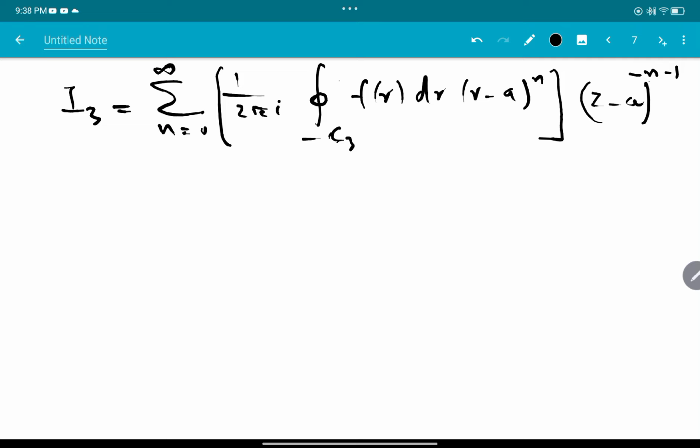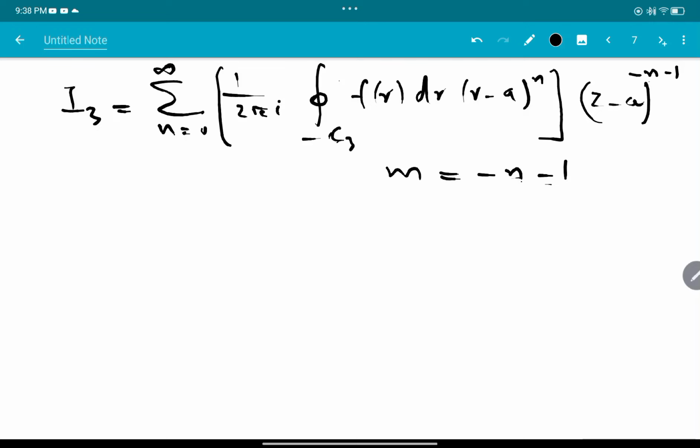If I put m equal to minus n minus 1, then if n is equal to 0, m is equal to minus 1, and n equal to infinity, m is equal to minus infinity, so 0 to minus infinity. Yes, let me try it. I think this is correct.